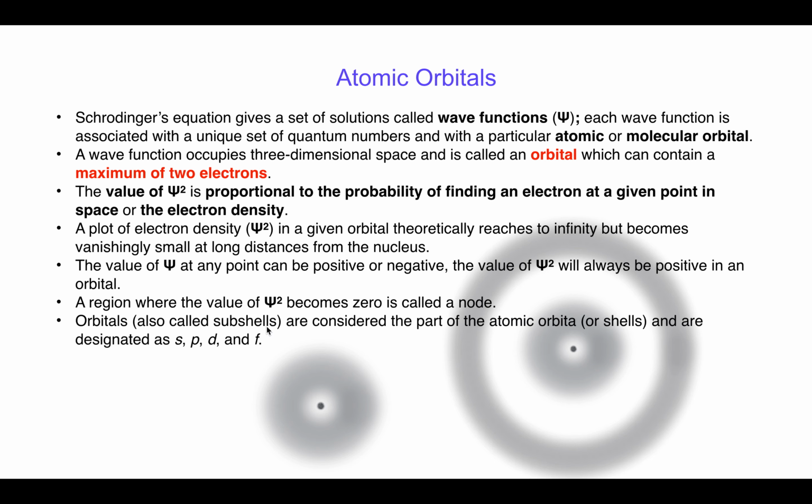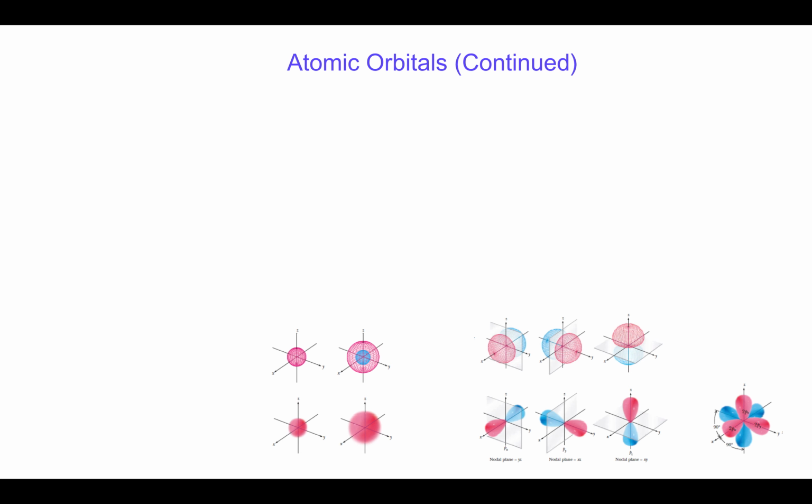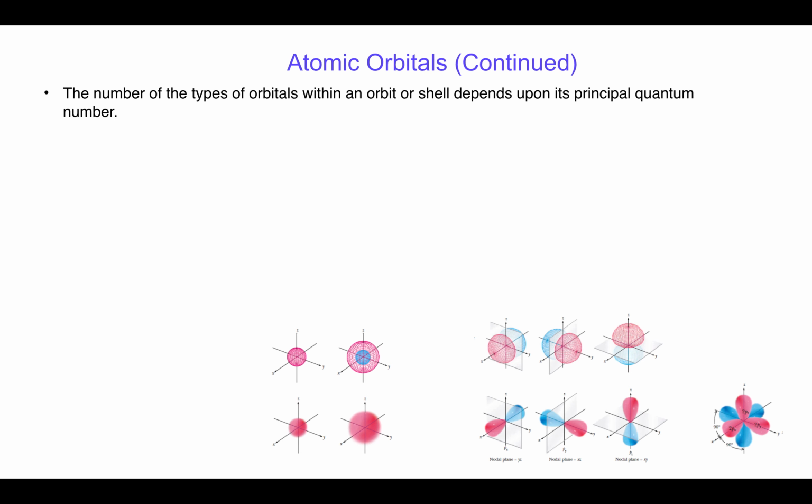Orbitals, also called subshells, are considered part of the atomic orbits or shells and are designated as s, p, d, and f. The number of types of orbitals within an orbit or shell depends upon its principal quantum number.